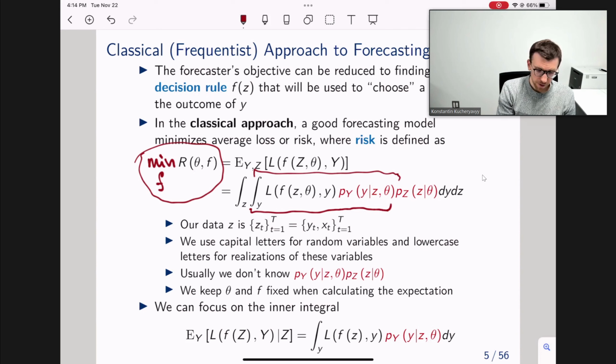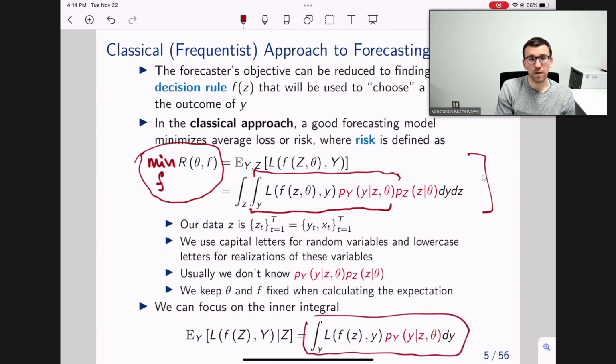And so that's why the classical approach usually quickly goes from this formulation to minimizing this object with respect to F. And you will see how that differs in the Bayesian approach. So for the time being, we will be focusing on this guy, minimizing this object.